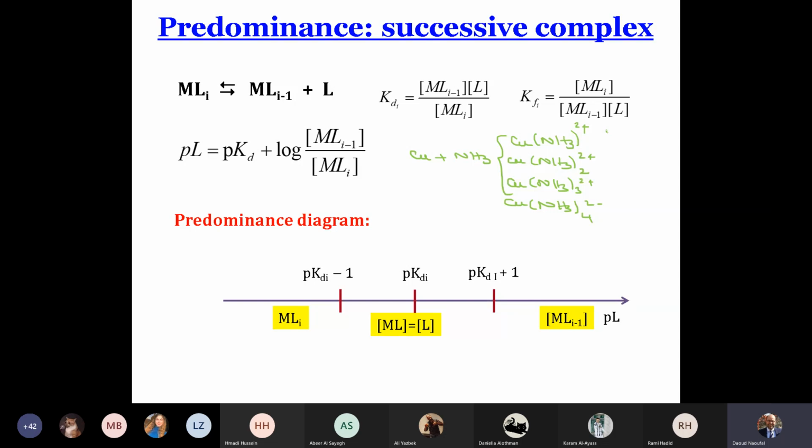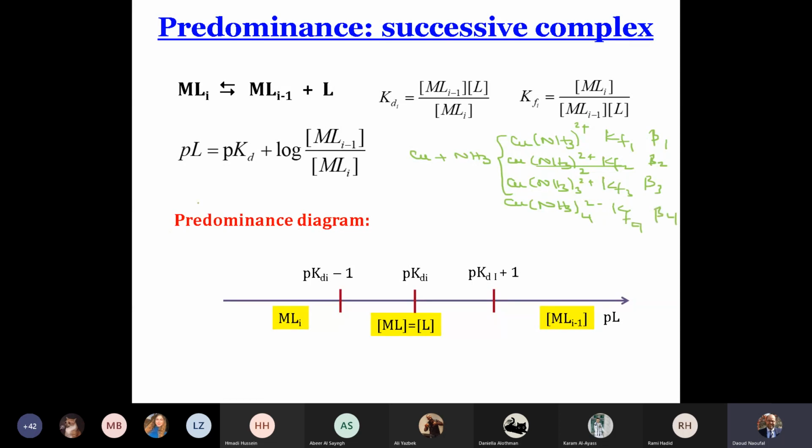The first is characterized by Kf1 or beta 1. The second is characterized by Kf2 or beta 2. The third by Kf3 or beta 3. The fourth by Kf4 or beta 4.